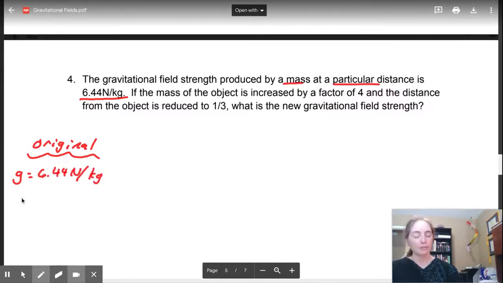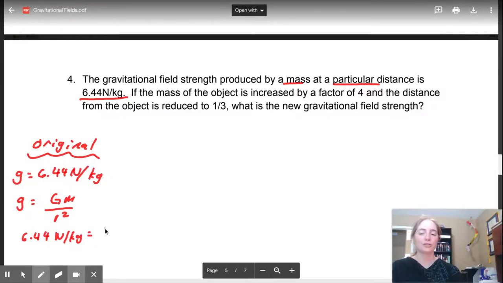Now remember that g is also equal to Gm over r squared. Okay, which means 6.44 newtons per kilogram is also equal to Gm over r squared. So that's our original setup.